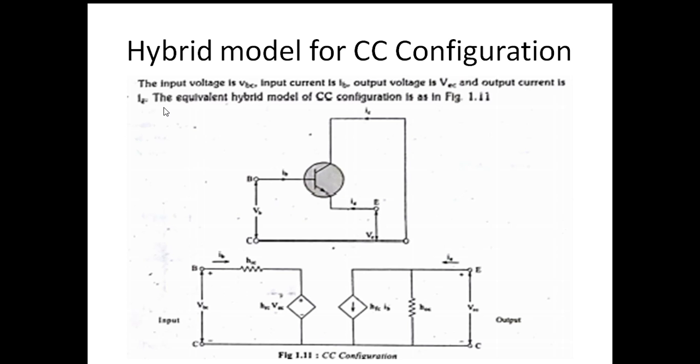These four parameters are very important: input voltage and input current, output voltage and output current. Input voltage and input current are VBC and IB. Output voltage and output current are VEC and IE respectively.